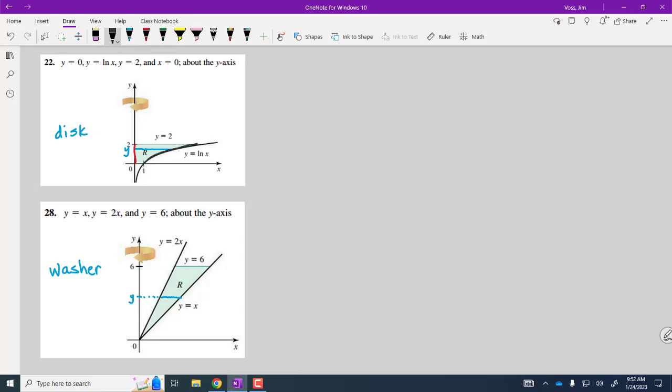So we need to have the red curve and the black curve written as x values. The x value on the left there is x equals 0. That's the left curve. The curve on the right, y equals natural log of x. Okay, we need to rewrite that as an x value, so that's x equals e to the y. So now we have the right curve and the left curve written as x values. So now we can take the difference and find that horizontal distance.